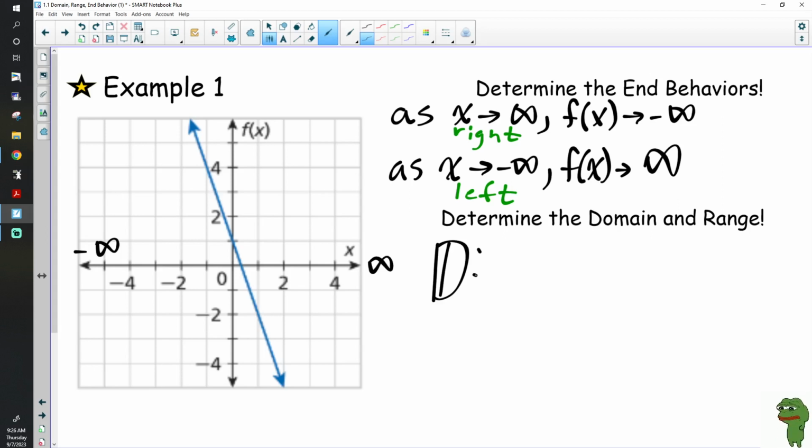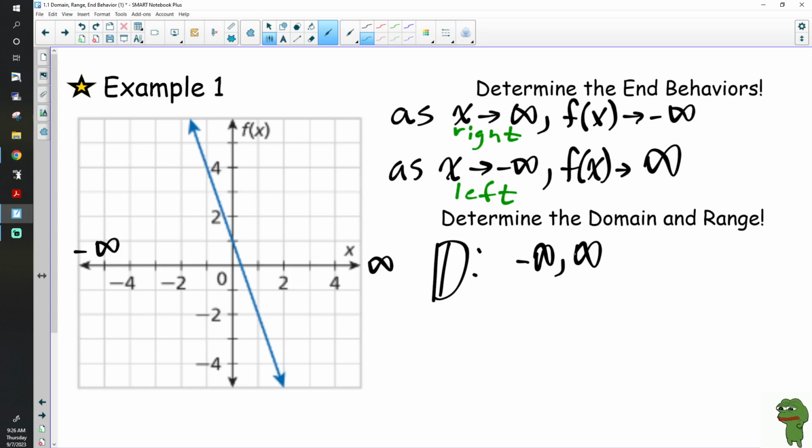Negative infinity, right? How far to the right will it go? Infinity. So this graph starts at negative infinity, and it goes towards positive infinity. To the left forever, to the right forever, and everywhere in between. Isn't this function going to be at every x value? No matter what number you pick, it'll eventually get there.